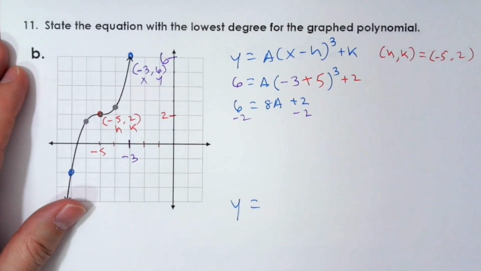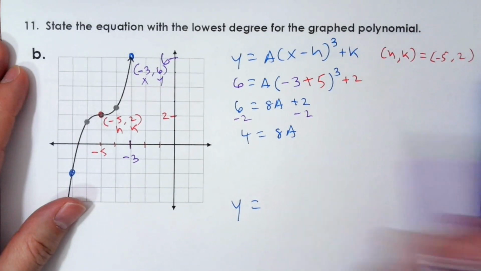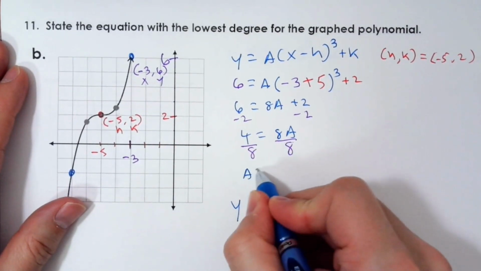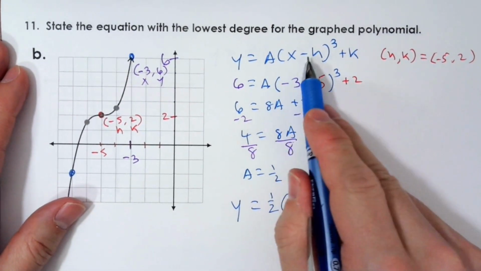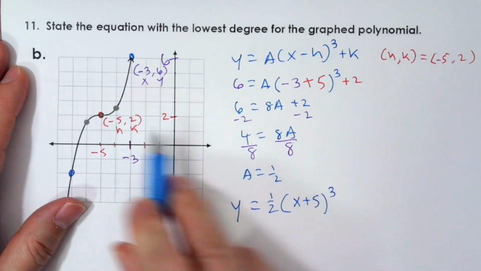Minus 2 minus 2. And look, we get exactly what we knew we would get. We knew a was going to be 1/2. We knew it. So a is 1/2. X minus h, so plus 5. Plus 2.